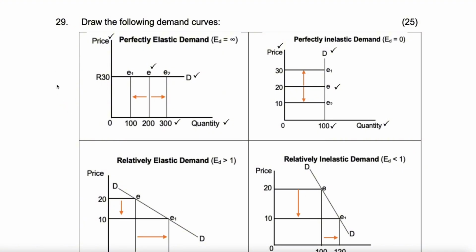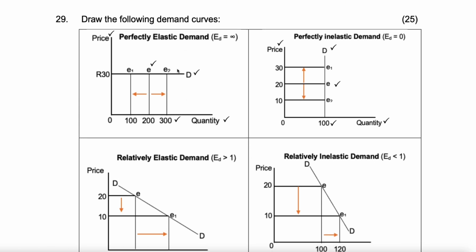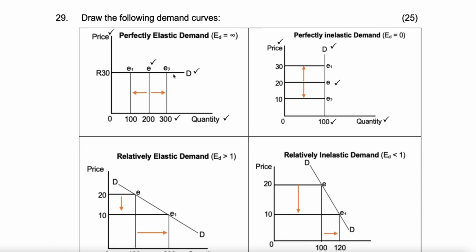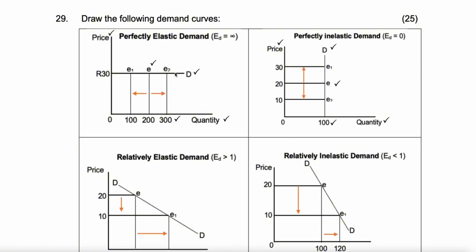The forces of demand and supply in the industry determine the price of 30 Rand. The firm will sell 100, 200 and 300 units at the same price. He cannot increase or decrease price; decreasing won't make sense for him because his goal is to maximize profit. So his demand curve is perfectly elastic: all quantities are sold at the same market price.